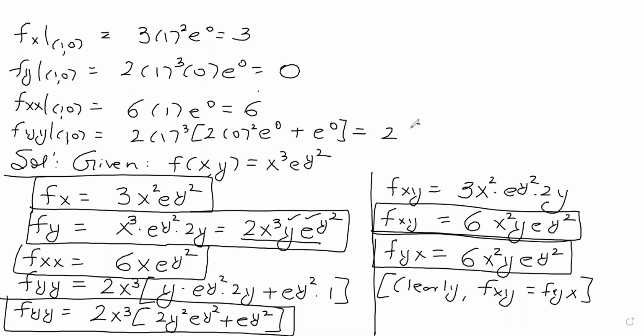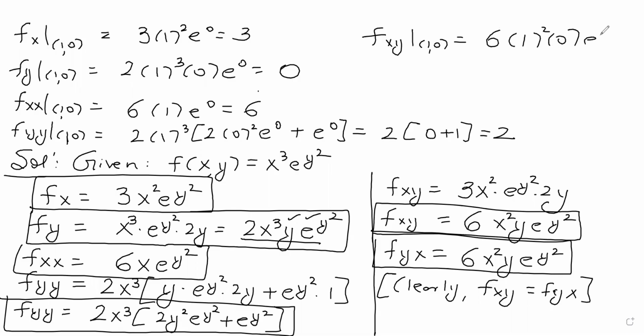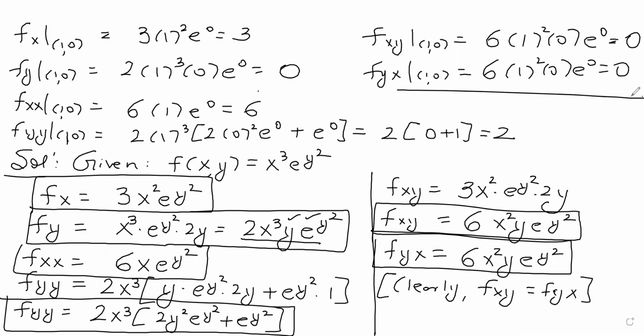So this is 2 times 0 plus 1, which is 2. Then fxy at 1, 0 will be 6 times 1 square 0 e to the power 0, which is 0. And fyx at 1, 0 will be, again, the same by Young's theorem. So these are our answers for this question.